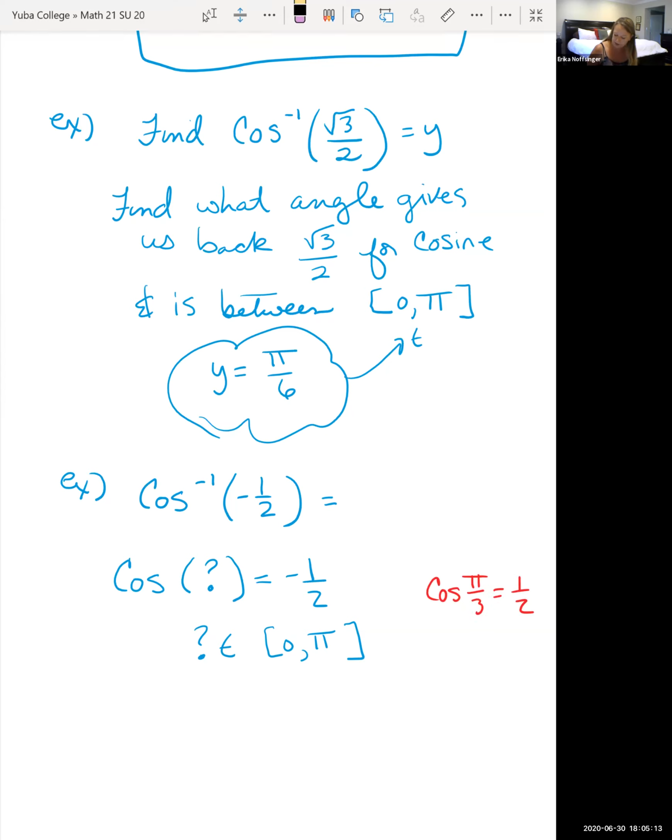So 3 pi thirds minus 1 pi third gives us 2 pi thirds. So cosine inverse of -1/2 is equal to 2 pi thirds.